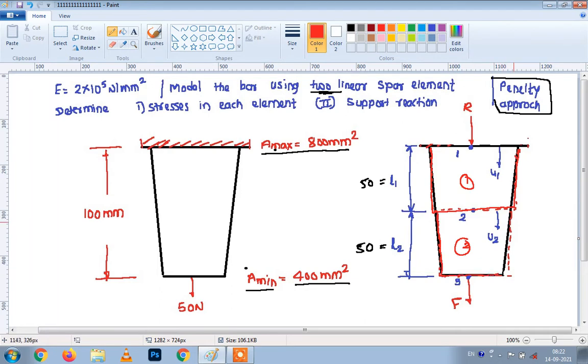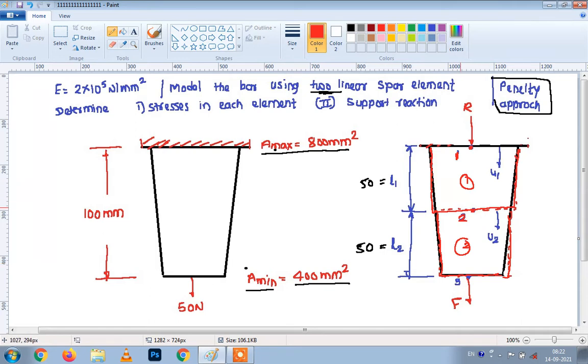Now if you are talking about the node points, this will be node point number 1, here will be node point number 2, and here is node point number 3.